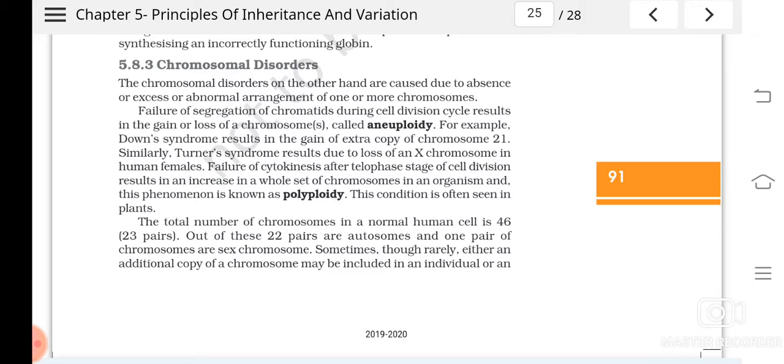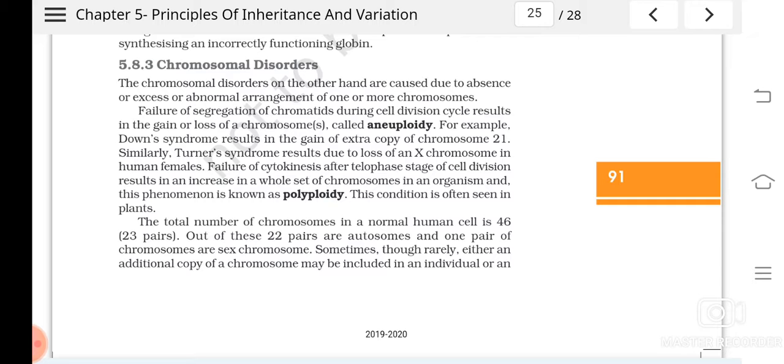During cell division, sometimes what happens is a failure of segregation of chromatids. We have seen that in metaphase all the chromosomes get arranged in the center, and after that the chromosome splits longitudinally in mitosis, and also in meiosis 2 metaphase. After completion of metaphase, the chromatids get divided longitudinally.